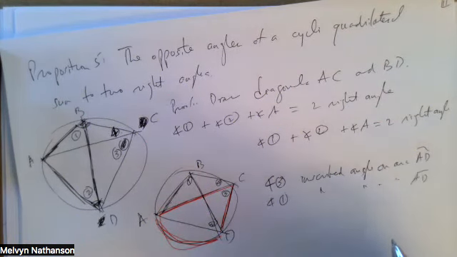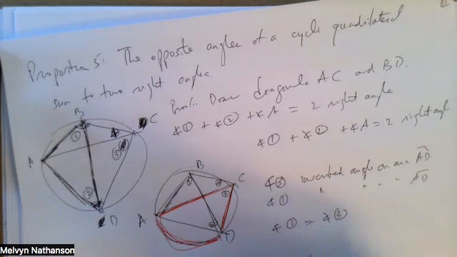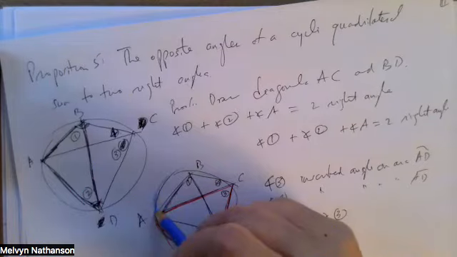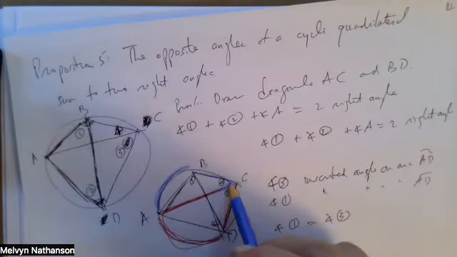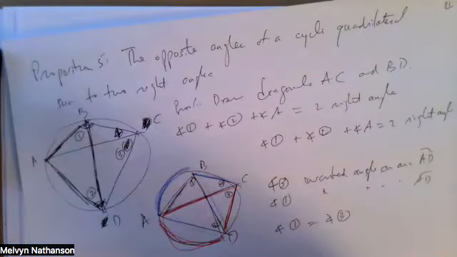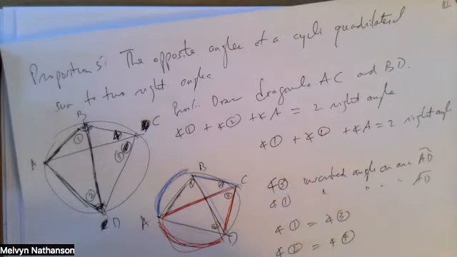And 2 inscribed angles that cut out the same arc are equal. So angle 1 equals angle 3. And similarly, angle 4 cuts out that arc, but angle 2 cuts out the same arc. So angle 2 equals angle 4.